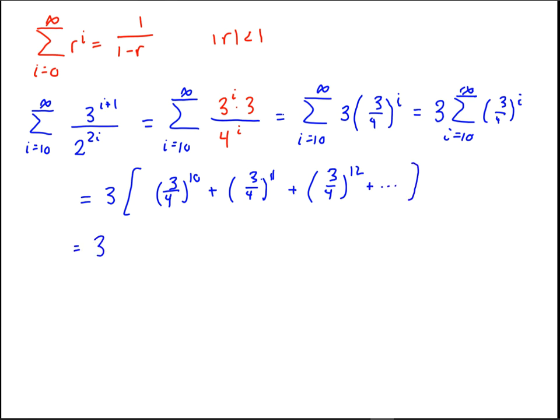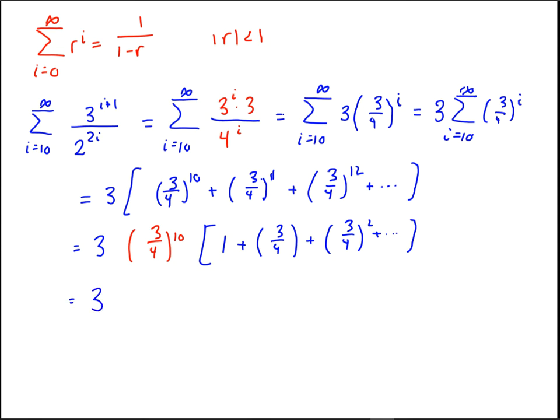So what I can factor out is 3/4 to the power 10. I can factor out that first term, and this works well with geometric series, doesn't work so well with non-geometric series. My first term is now left as a 1. My second term is now 3/4. My third term is 3/4 squared, and so on.